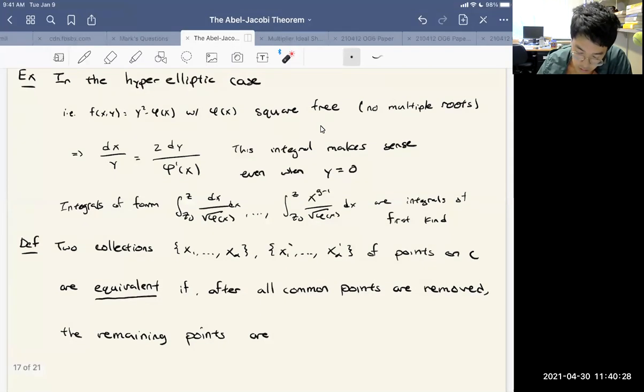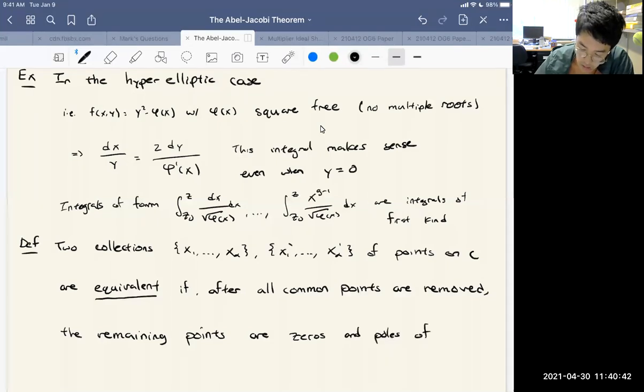I'm going to say that they're equivalent if after I remove all of the common points in both collections, the remaining points are the zeros and poles of a meromorphic function.